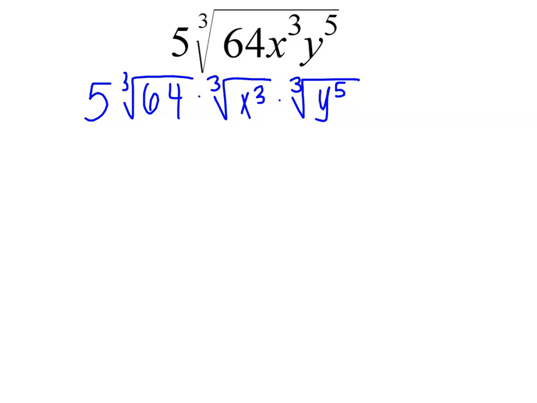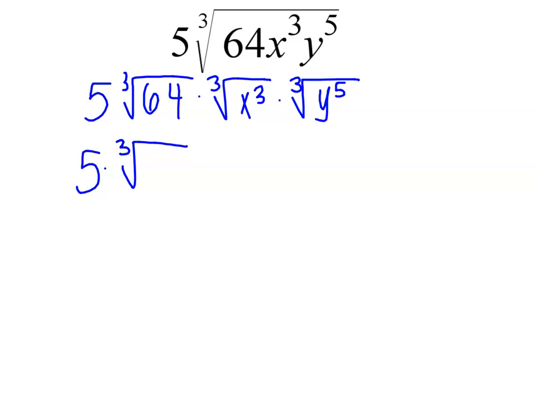So we have a cube root here. We're trying to figure out what's the biggest perfect cube that would divide evenly into 64. Well, it turns out 64 is a perfect cube, and 4 times 4 times 4, or 4 to the 3rd power, is 64. So let's rewrite the cube root of 64.